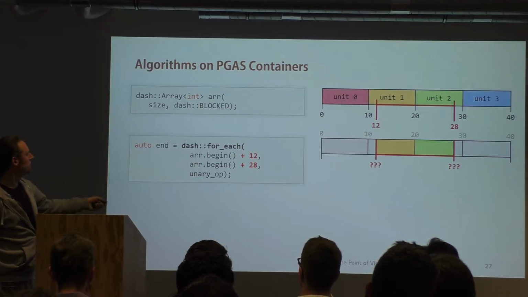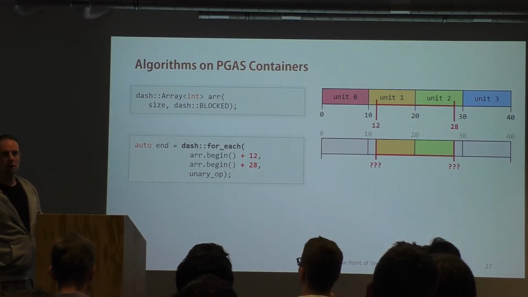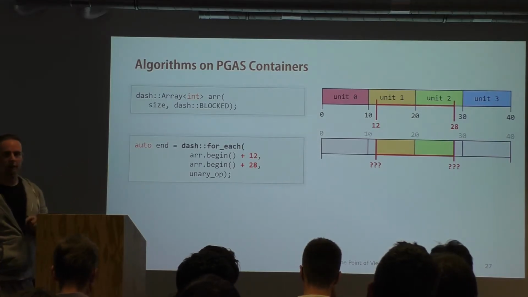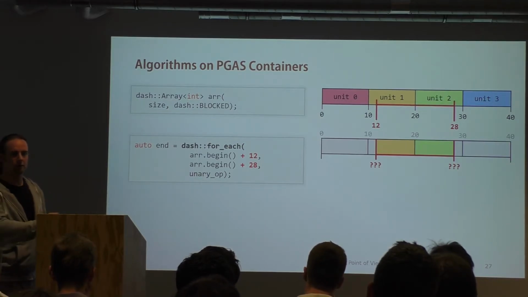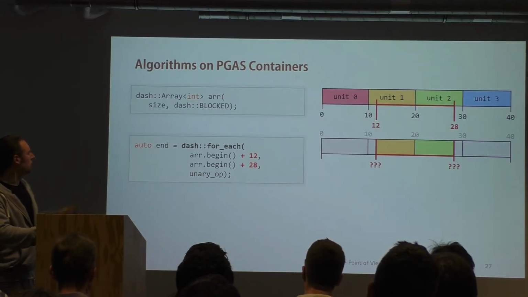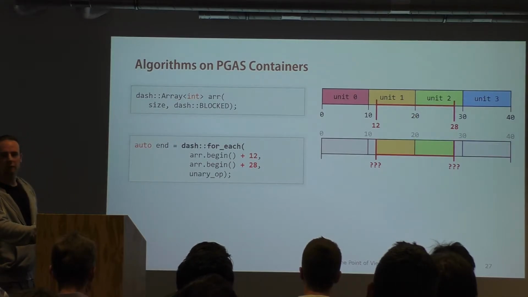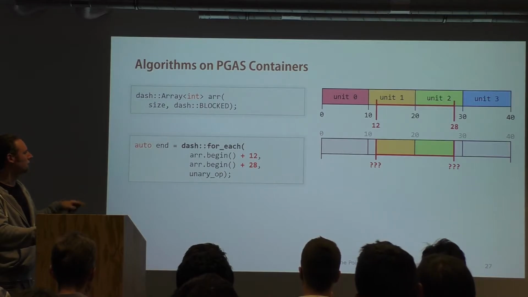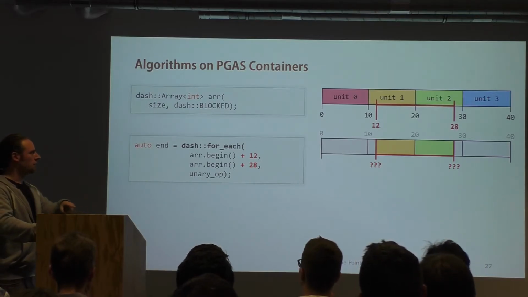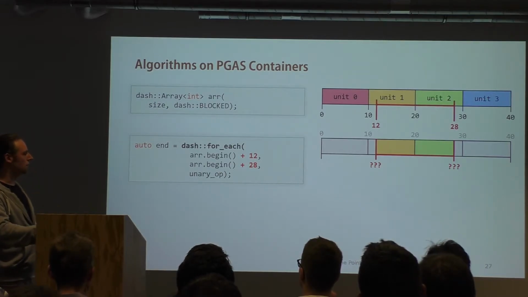And in this case, unit 0 and unit 3 wouldn't be involved in this operation at all. And unit 1 and 2 would have totally different local index ranges to iterate. So in this case, it's probably pretty easy to translate, right? So you just take the local size, and then you subtract this from end, but you just watch out for those off by ones, and yeah, you know the drill.